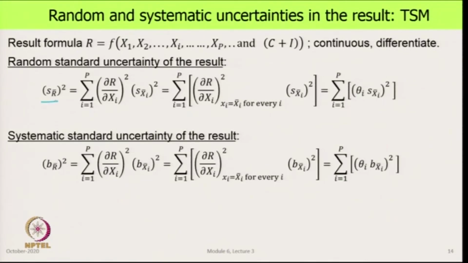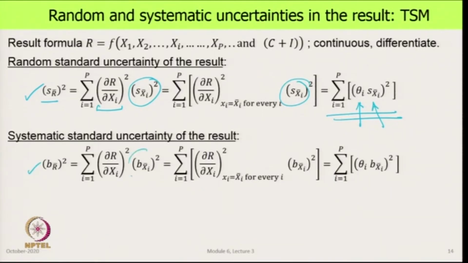So, S r bar square, the random standard uncertainty of the result: all of this is the same, only this has changed, instead of u it has become S, same thing here and over here. If we calculate the sensitivity coefficient and the values separately, we can calculate the random standard uncertainty of the result.